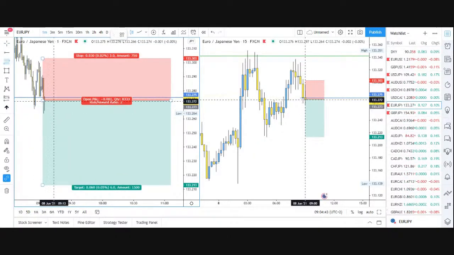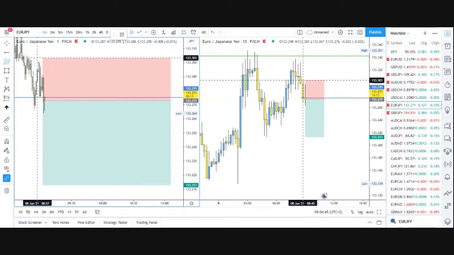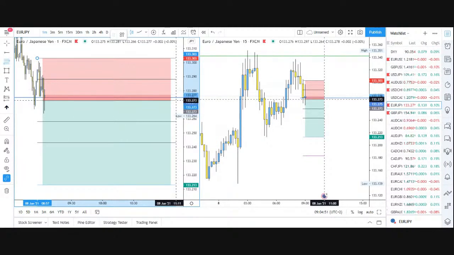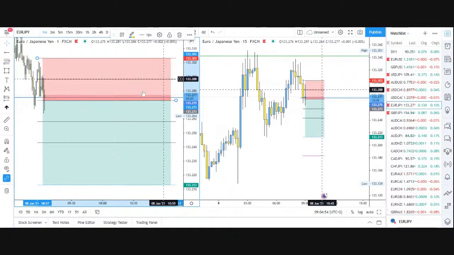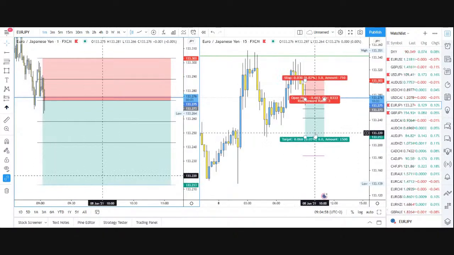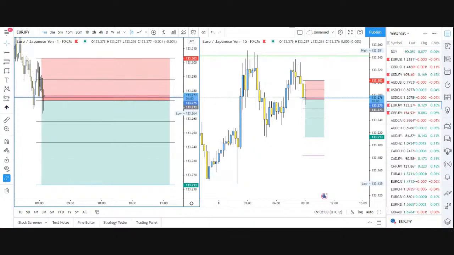When price hits that, you're looking to actually close the trade. So in and around this region is where we're looking to close the trade, because that means price failed to move with momentum to the downside, and yeah, it's a bit of a problem. That's all it is really.